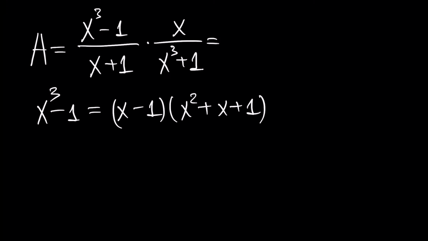This is a shortcut multiplication formula, because if we talk about the Bezout theorem, we know that for this polynomial, when we insert 1, our polynomial is equal to 0. That's why our polynomial is divisible by the polynomial of degree 1, x minus 1.